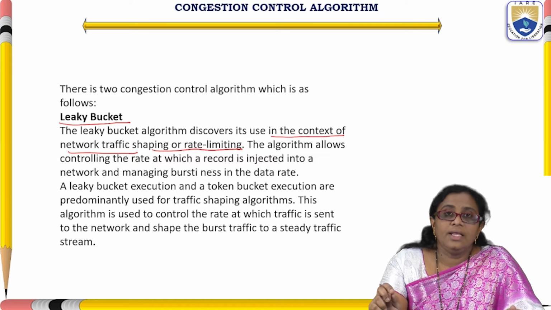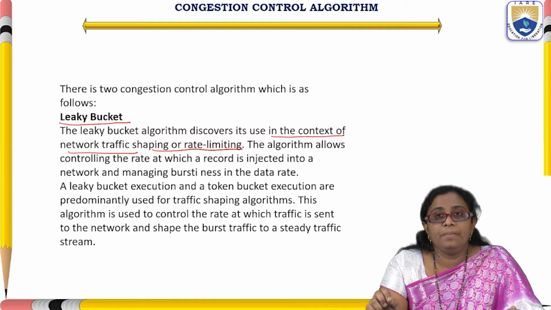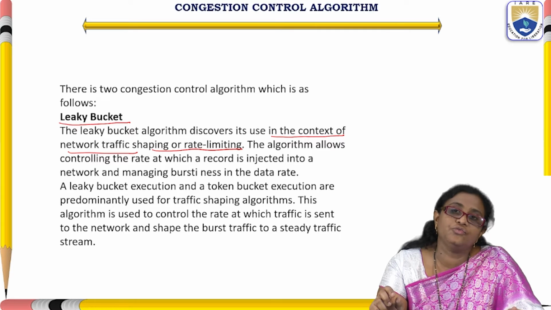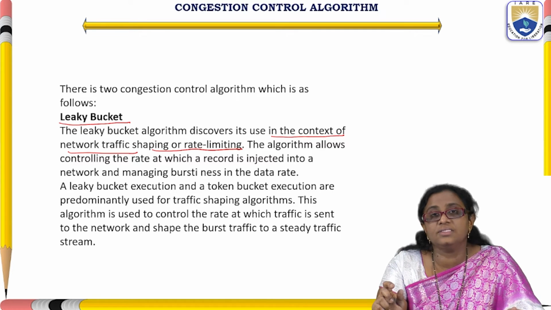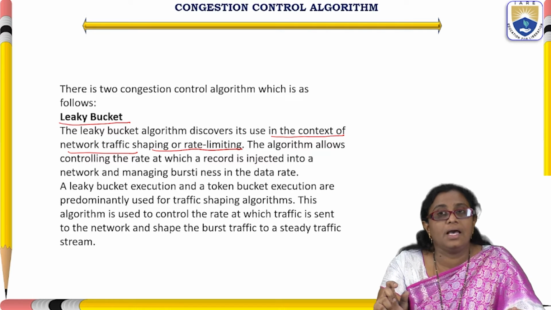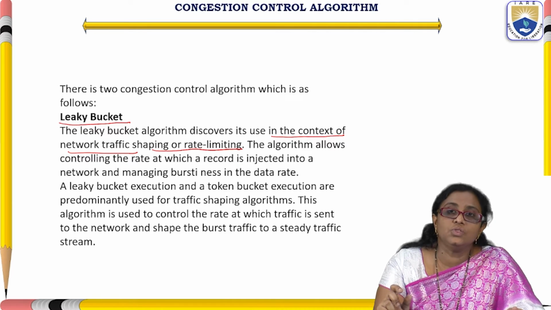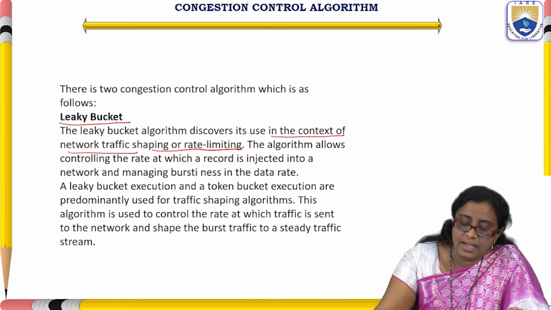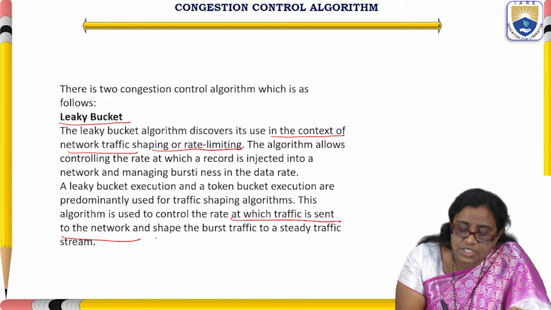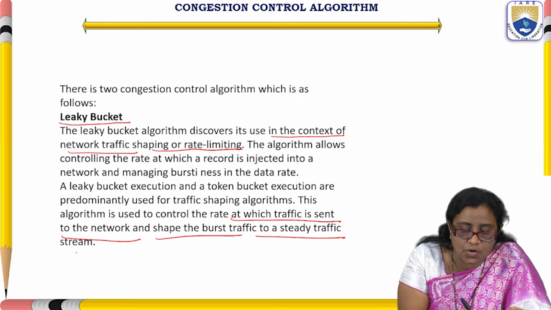Another point: leaky bucket and token bucket are predominantly used as traffic shaping algorithms. This algorithm is used to control the rate at which traffic is sent to the network and shape the burst traffic into a steady traffic stream.